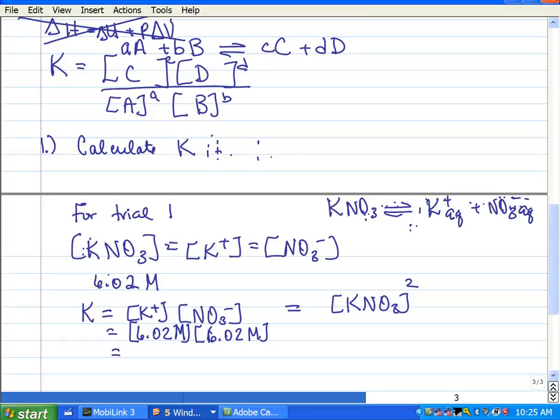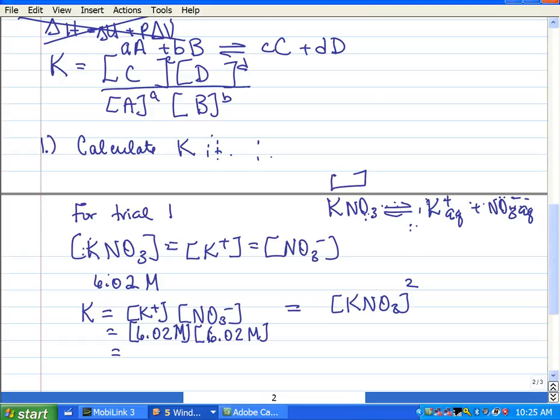So because of this right here, because potassium nitrate concentration is equal to the potassium ion concentration, and it's also equal to the nitrate ion concentration, they're all equal.